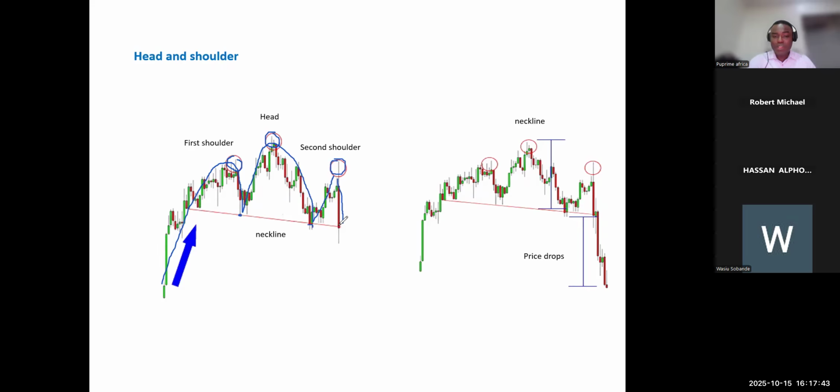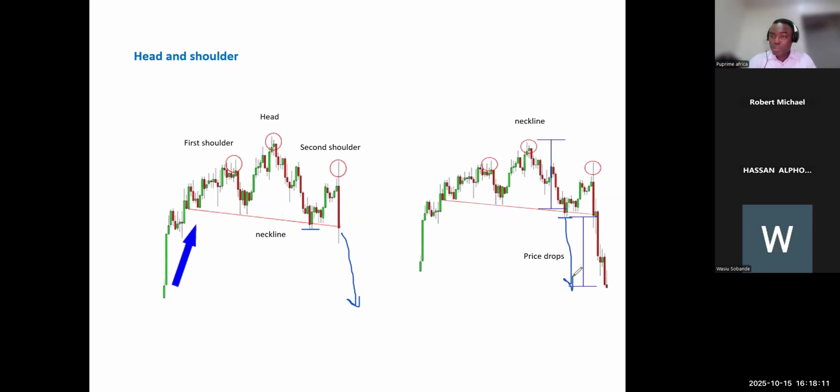So we're going to take our entry. Again, we can use a sell stop pending order, just like the one we set up for the double top pattern. What we're trading here essentially is a breakout of price again below the neckline. So you can put a sell stop pending order at the tip of the shadow of the candle around the neckline. And you can see there's a massive breakout the moment price broke below the neckline region.